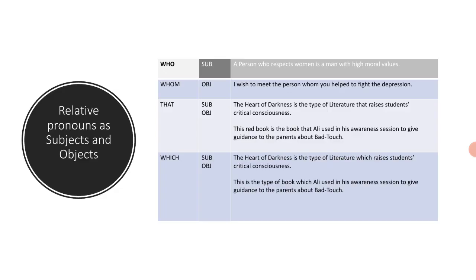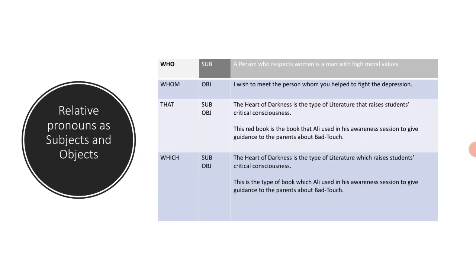Now we need to know that relative pronouns can take two positions in a sentence. One can be subject, another can be object. That's all. Who can only take subject position. Whom can only take object position. As you can see in the example, a person who respects women is a man with high moral values.